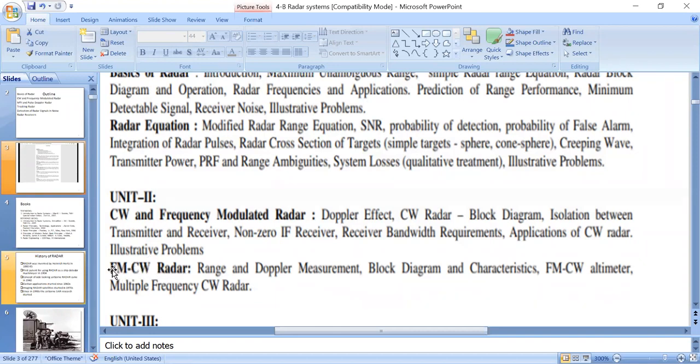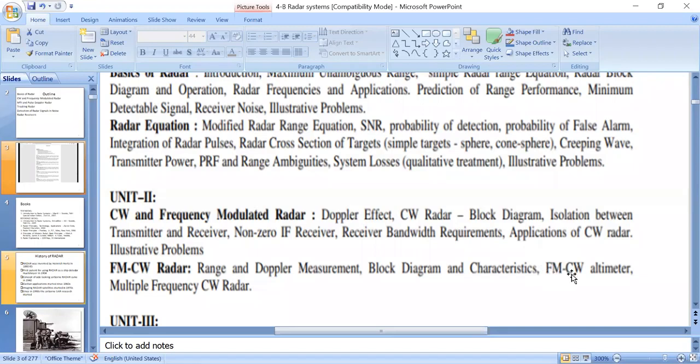In this frequency modulated continuous wave radar, I already explained range and Doppler measurements. What is the main advantage of FMCW radar? Range calculation, because it is not possible using a continuous wave Doppler radar. The main concentration in FMCW radar is how we calculate the range compared with the basic continuous wave Doppler radar, and how we take a Doppler measurement, along with block diagram and characteristics, which we already discussed.